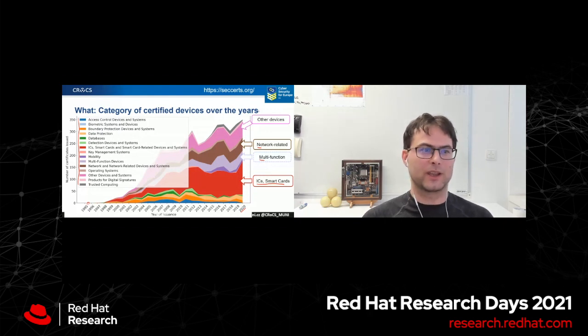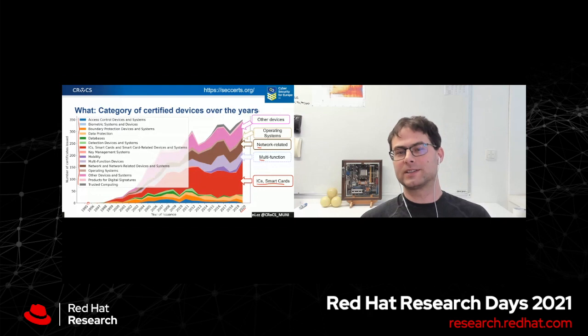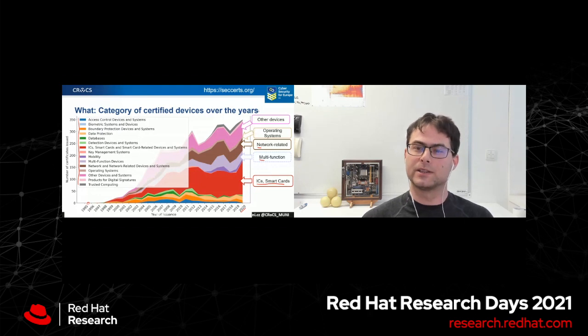And because we are talking here at Red Hat Research, operating systems are not that huge a part of the overall certified devices. This makes sense because operating systems tend to be big, so it's harder to certify them than something that is small.